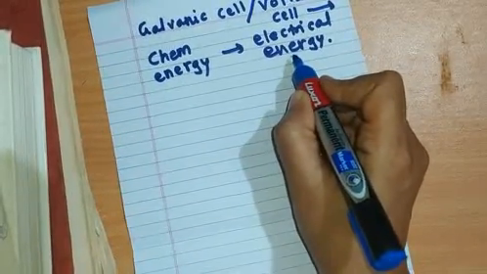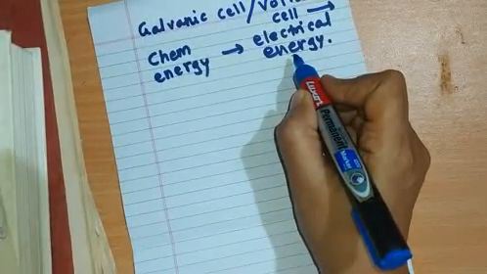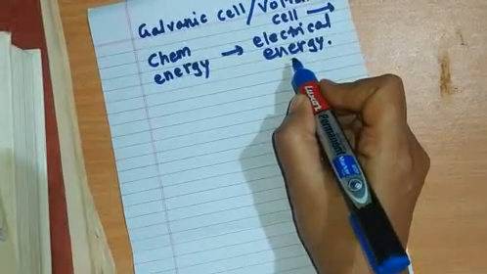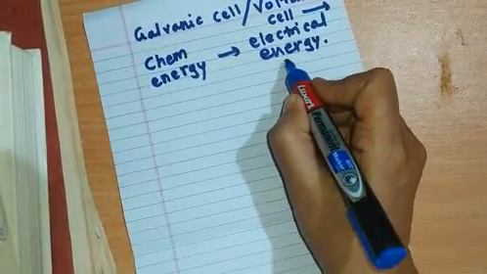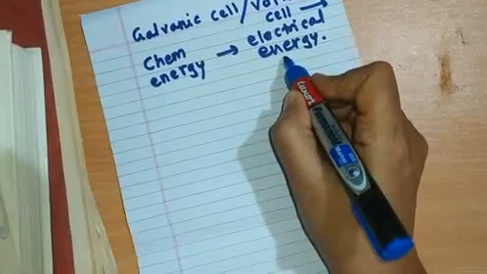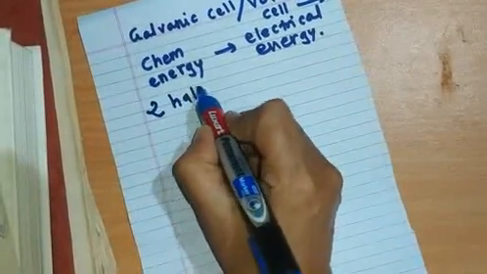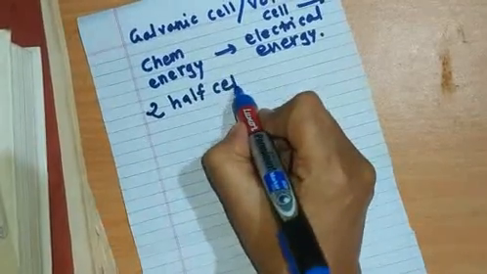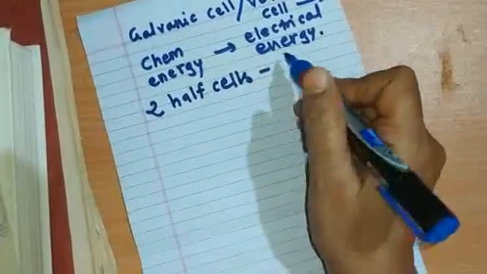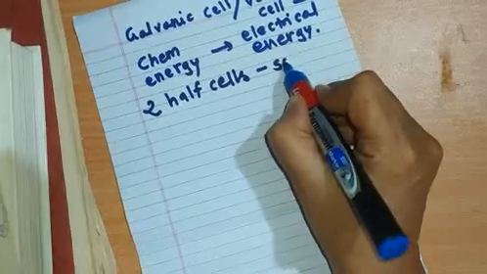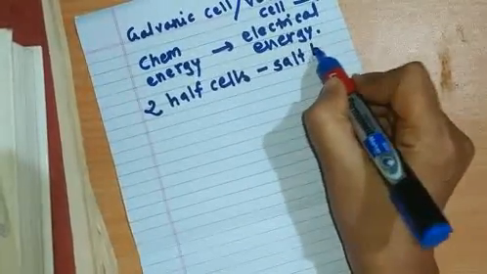How are these galvanic cells or voltaic cells constructed? These are constructed in which two half cells are connected with each other by means of a salt bridge.